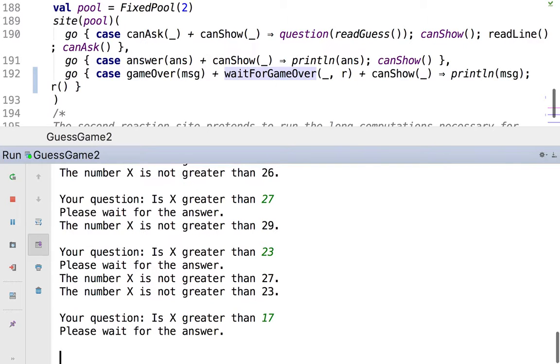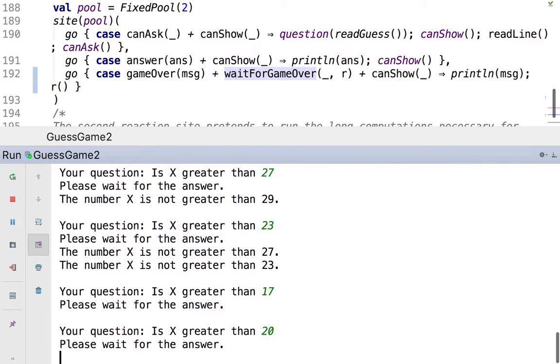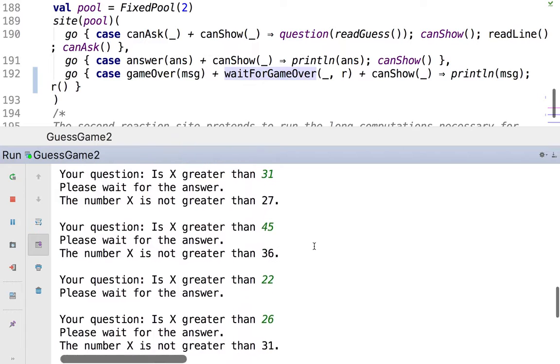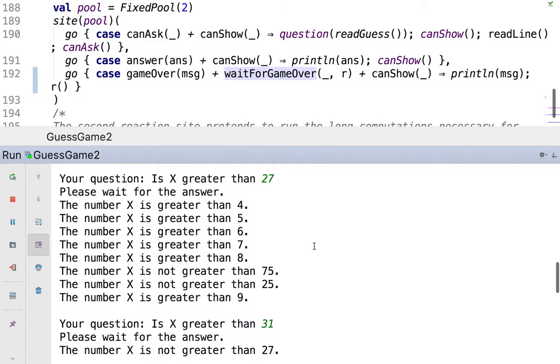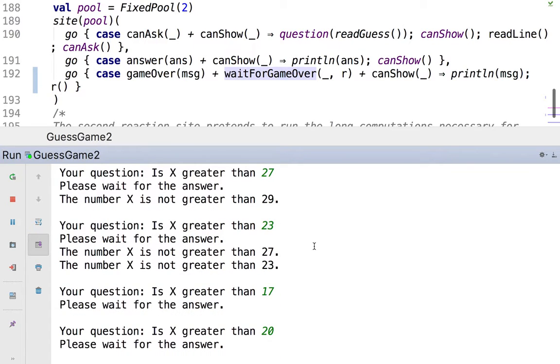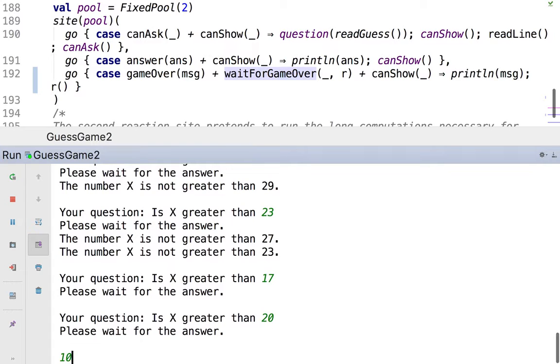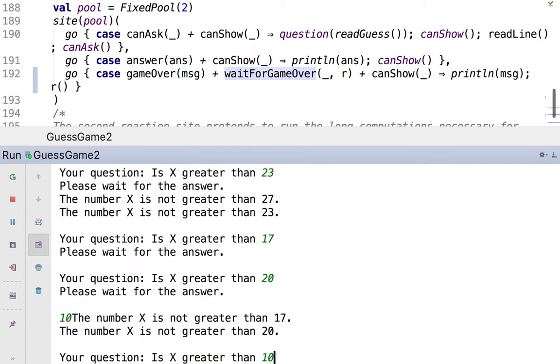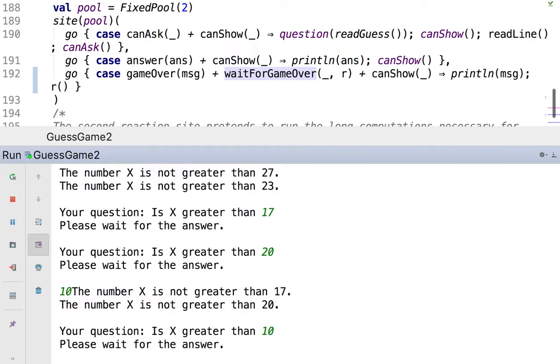17, 20. I'm below 22, and let me try 10. Oh. What happened?